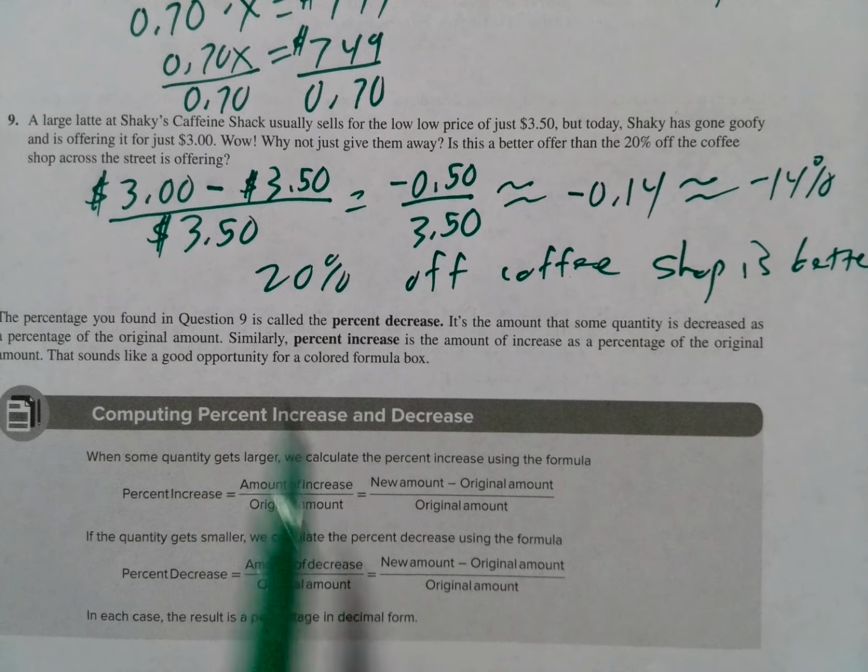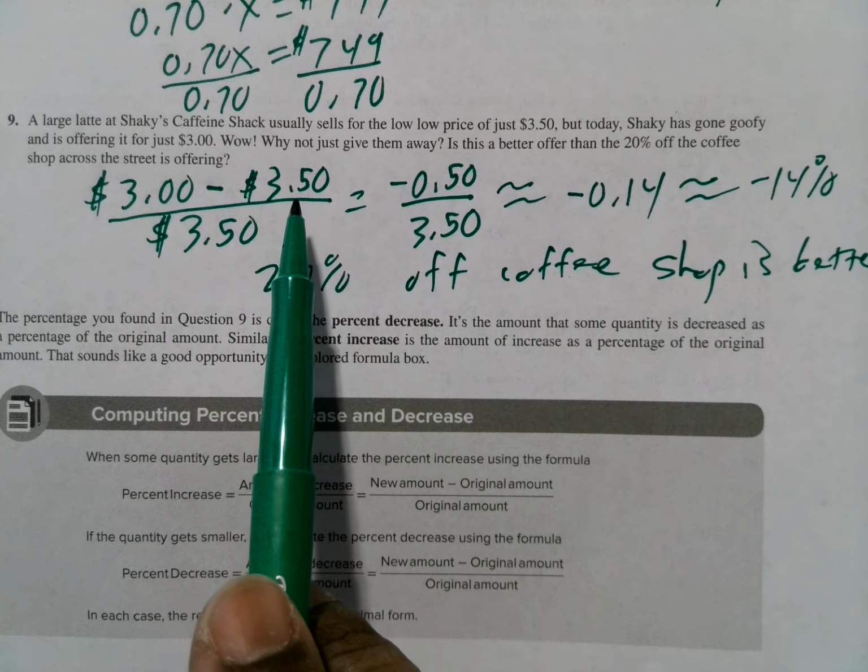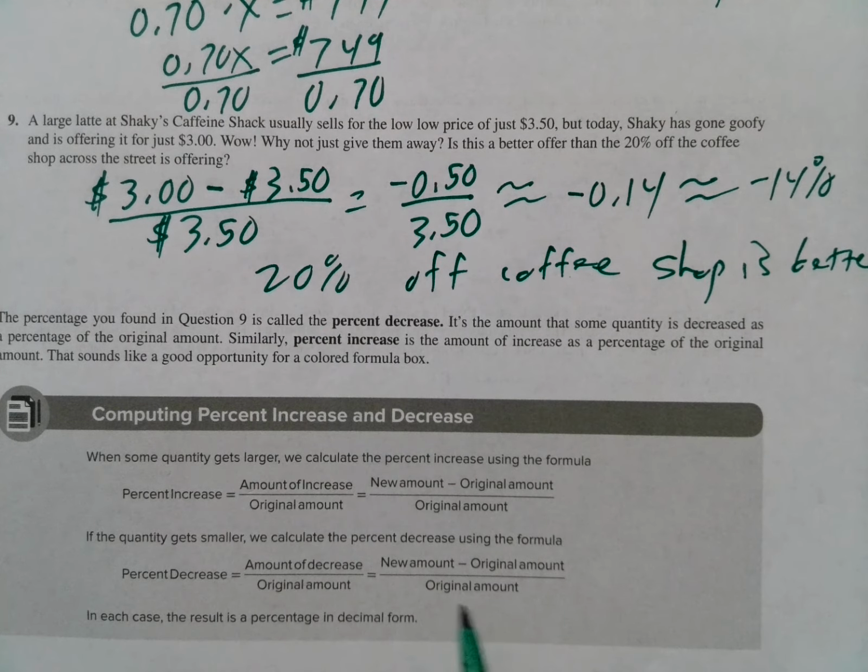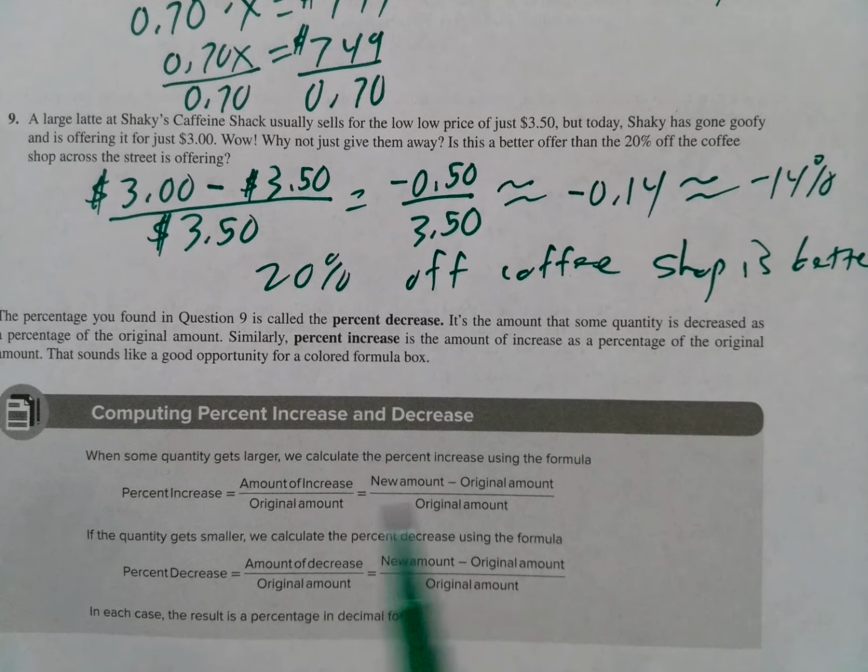So it's the new amount, which was the $3, minus the original amount, which was the $3.50, divided by the original amount. Now, if you notice, if you look at percent increase, it has the exact same formula. The only difference between these two is your answer for the percent decrease will come out negative and your percent increase will come out positive.